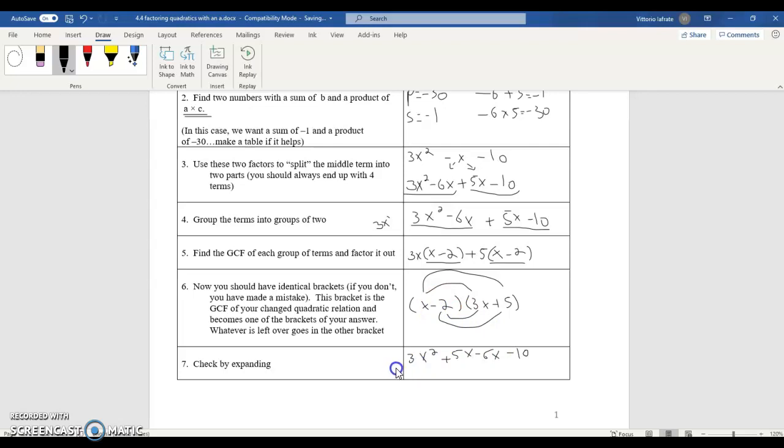And then when you clean that up, you get 3x squared minus x minus 10. And that is how you would factor using the decomposition method if you don't have an a that's equal to 1, if your a is something different from 1, and if you can't find the greatest common factor to begin with. So that means that through this verification, we did the right steps over here.